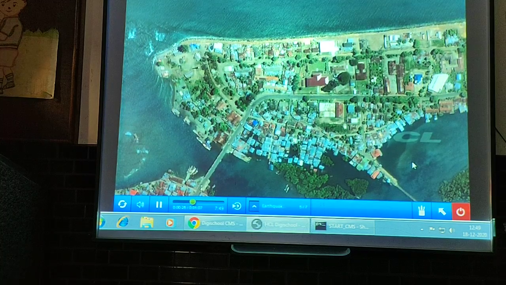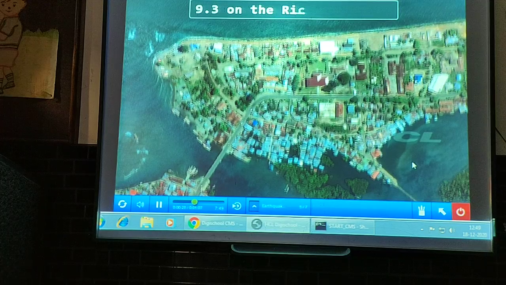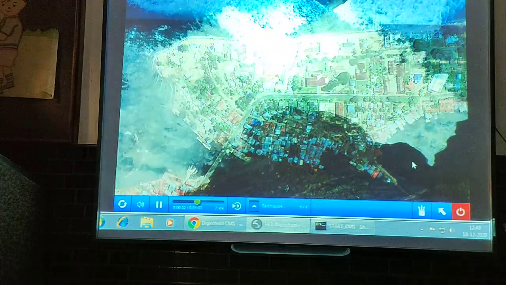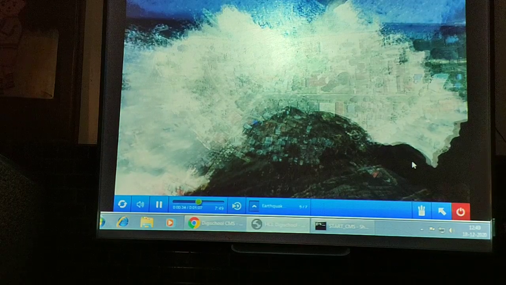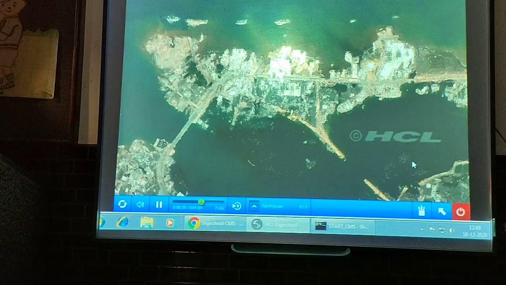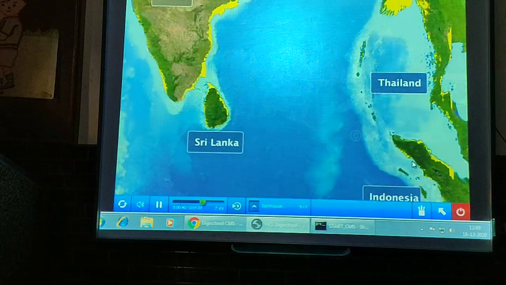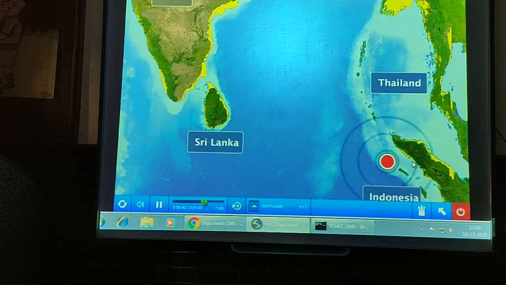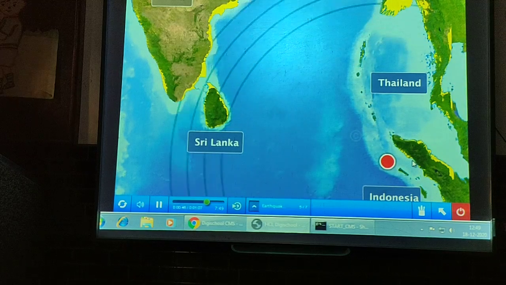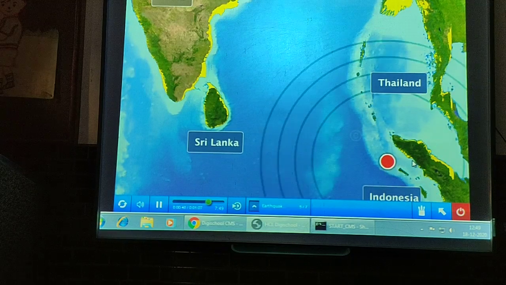The magnitude of the earthquake measured 9.3 on the Richter scale. As the earthquake was a major undersea one, it triggered devastating tsunami waves. This impacted countries such as Indonesia, Sri Lanka, and India.